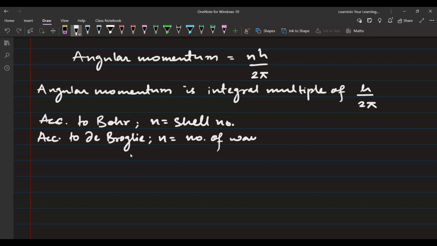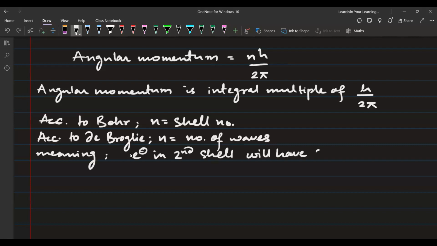Meaning electron in second shell will have two waves. Electron in third shell will have three waves, and so on.